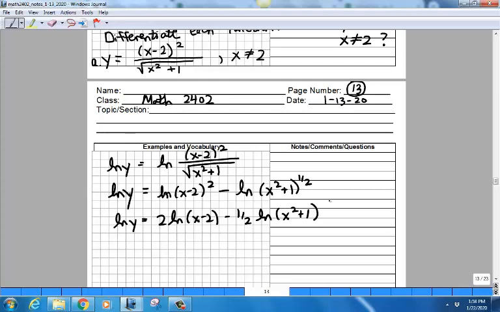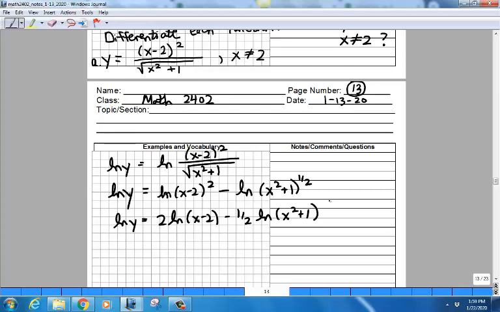Now, I haven't done any differentiation yet, so I'm going to have to differentiate. I guess now's the time. So here's what we'll do. We'll differentiate both sides of the equation. I'm going to take the derivative of both sides with respect to x. Don't forget I'm differentiating with respect to x, because the original function was y equals an expression involving x. So let's write that down.